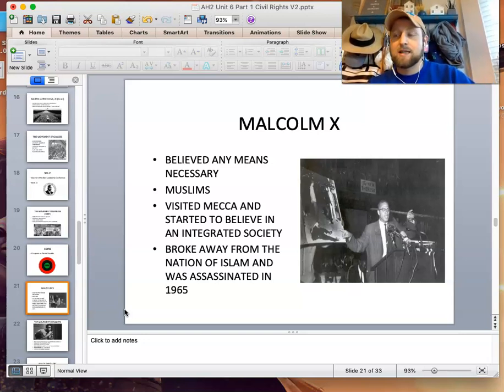He really resonated there, as opposed to Martin Luther King, who really resonated in the South and rural parts of the country with African Americans. He converted to Islam, and later on he decides that he's going to denounce violence, and when he does, one of his former confidants assassinates him in Washington, D.C. Not too long before Martin Luther King Jr. was assassinated.